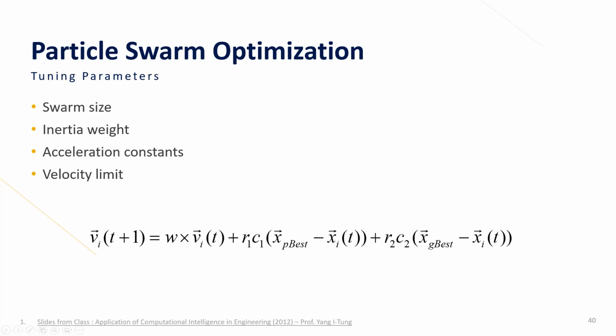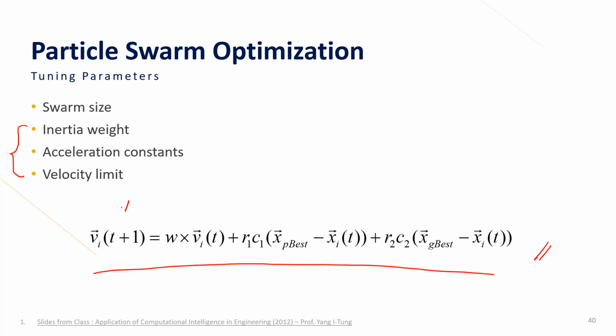And then we also have other parameters here. This one is related to this formula, the main formula in PSO. You need to know how particles move from one solution to another, how they explore the searching space. Basically, PSO only uses this formula, or a modification of it.